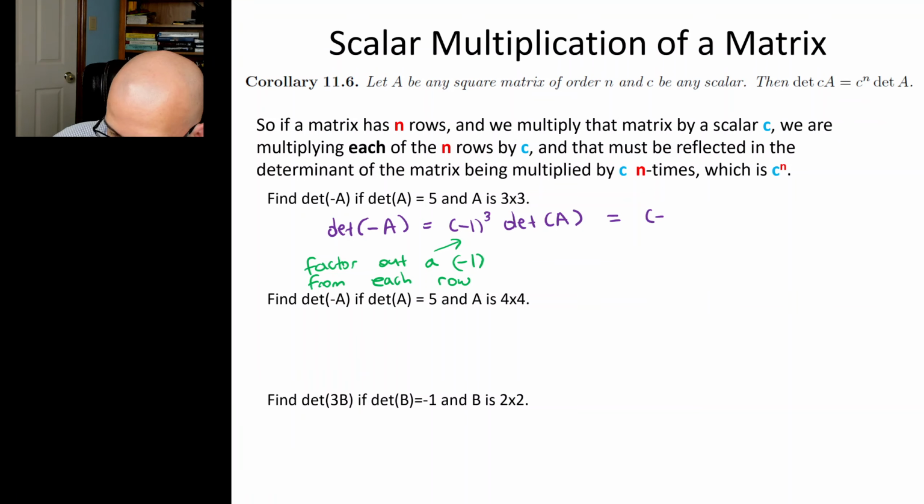That's negative 1 times the determinant of A, which is 5. We get negative 5 as our answer.